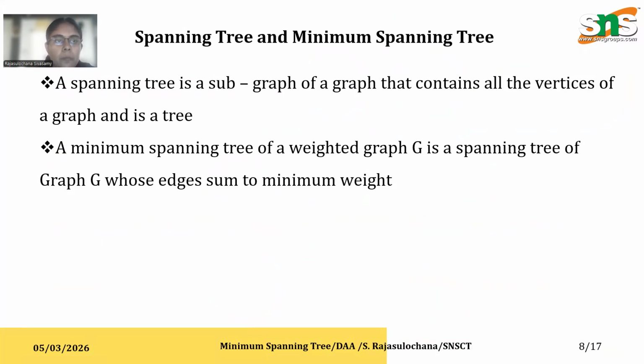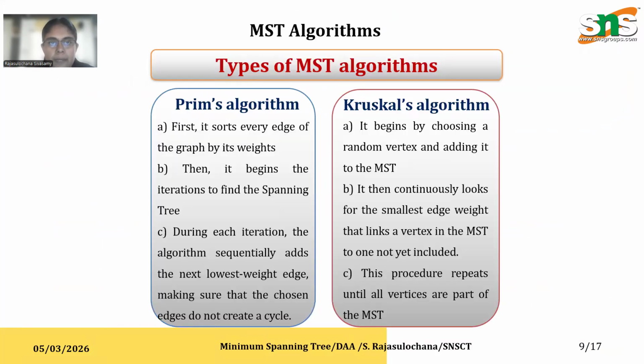For constructing a minimum spanning tree, we have two algorithms: Prim's algorithm and Kruskal's algorithm. They work in different ways, however the outcome is the same. For a given graph, whether you apply Prim's or Kruskal's algorithm, the minimum spanning tree constructed will be the same.